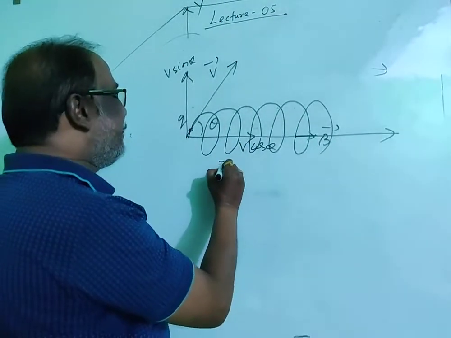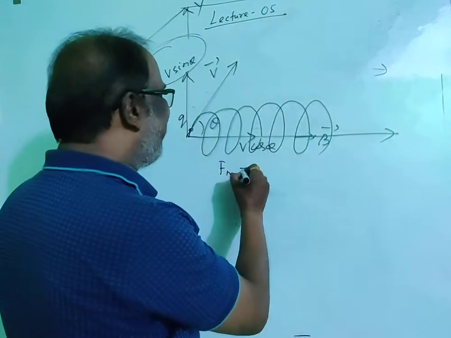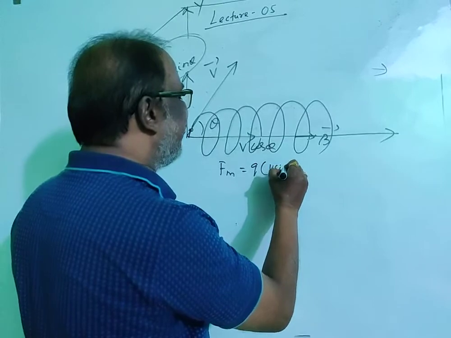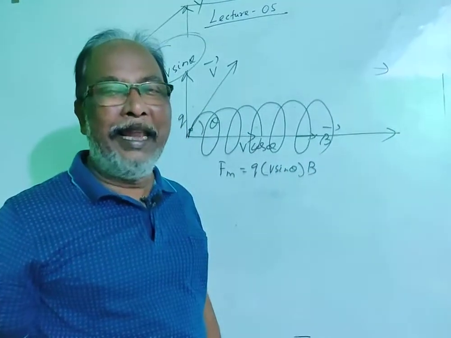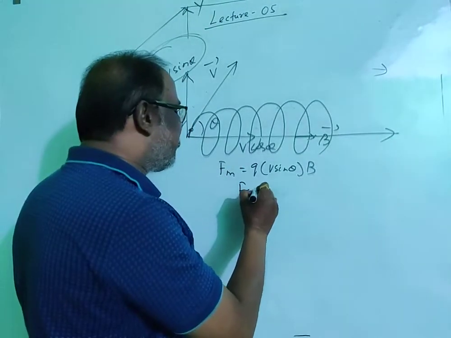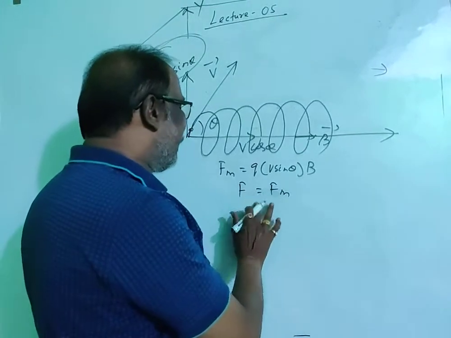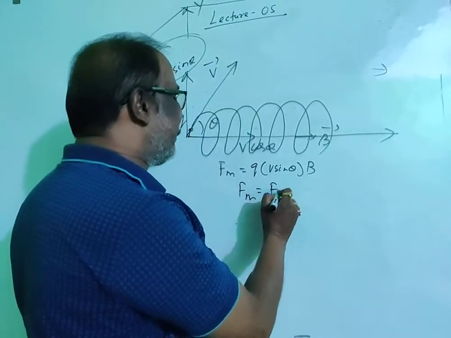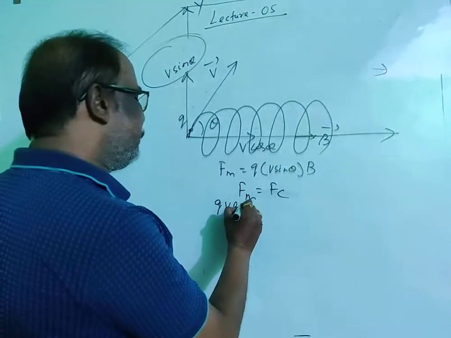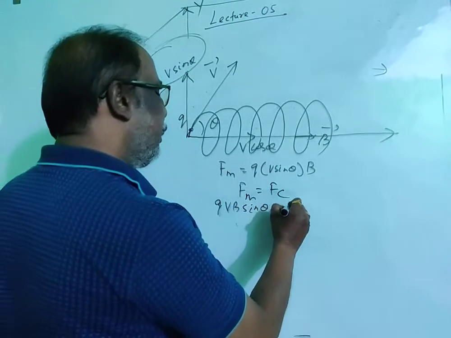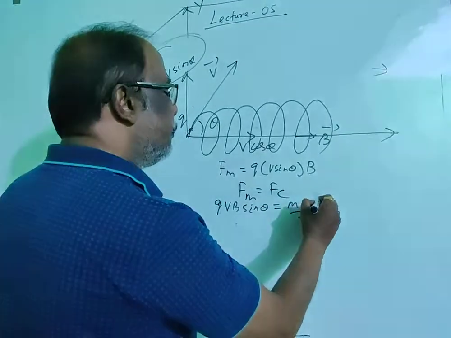The force experienced by the charged particle due to V sin theta is q V sin theta into B, sin 90 is 1. This magnetic force provides centripetal force. And centripetal force is m v square by r, but here v is v sin theta.